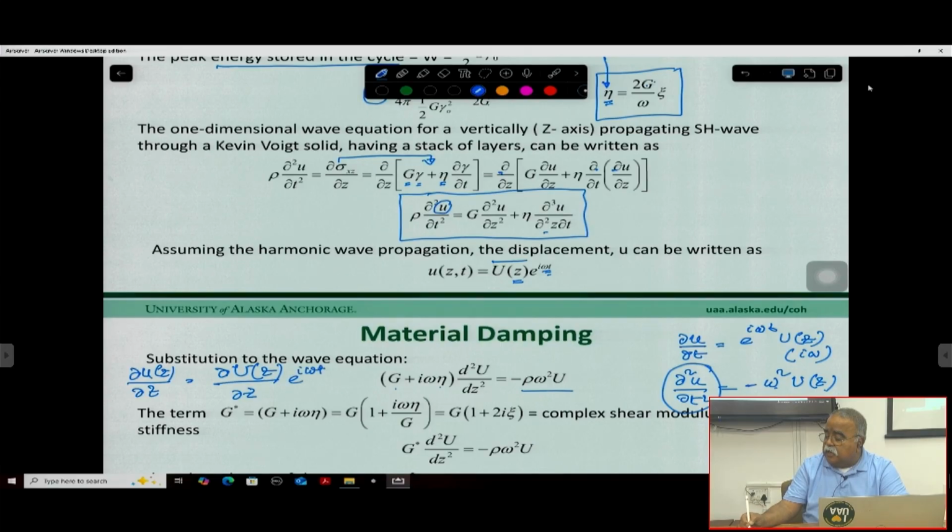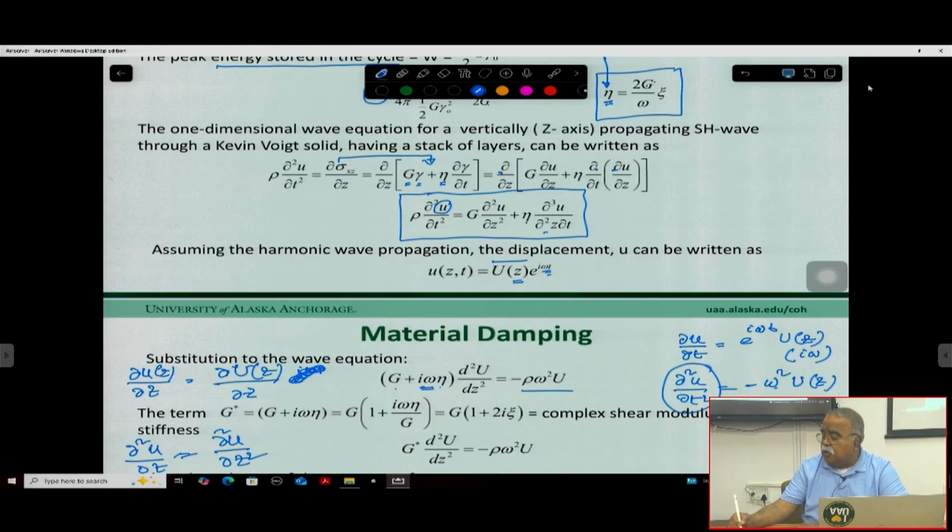So you can calculate that. Sorry, I take it back, this thing will not be here. So d2u dz squared will equal d2U by dz squared, right? Then you can substitute it here. So here there is a first time derivative, therefore the i omega will come into eta.